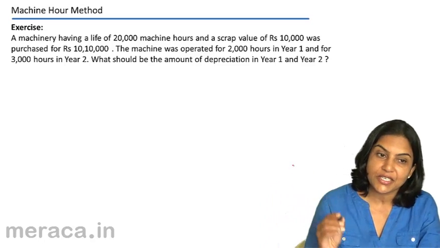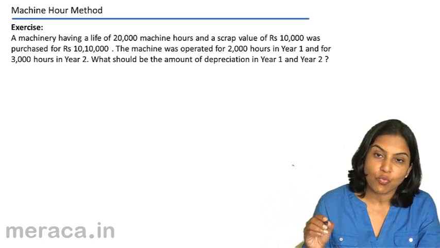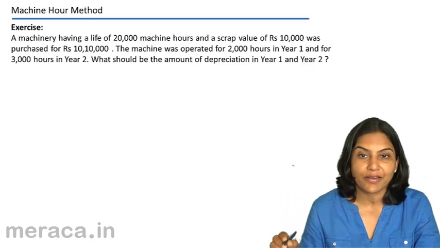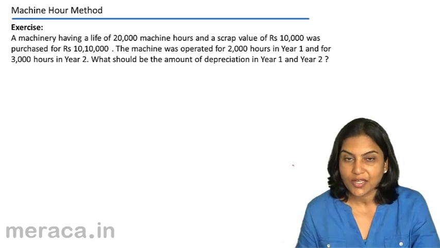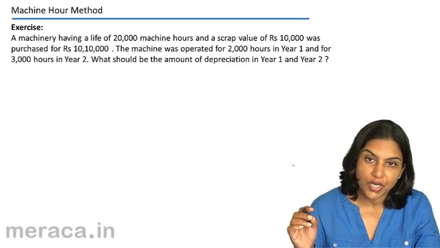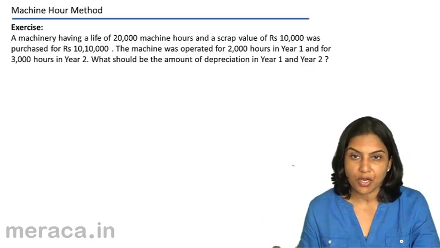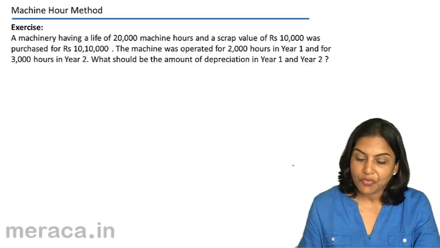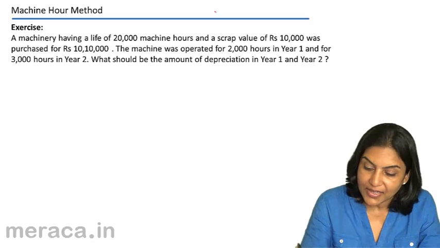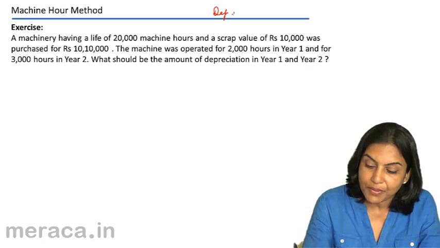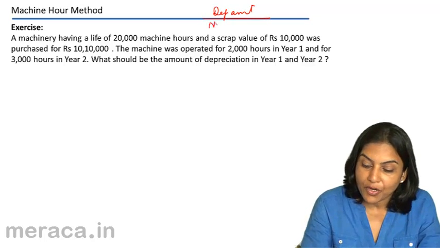So what we first need to do is to find out the machine hour rate of depreciation. That means the depreciation amount per machine hour. How do we find that? We find that by taking the depreciable amount divided by the number of machine hours.